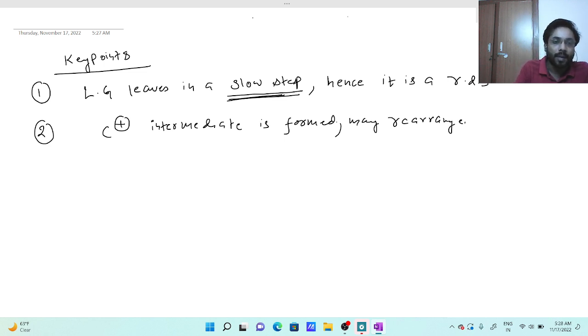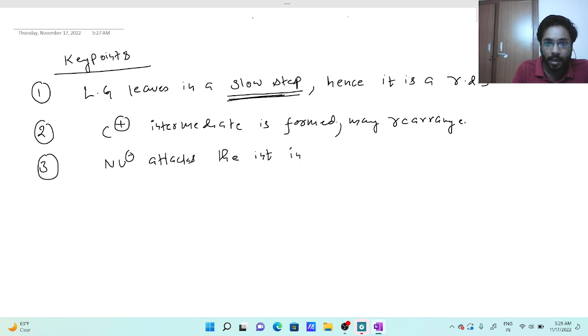The third point we have discussed is that the nucleophile attacks the intermediate in a fast step.